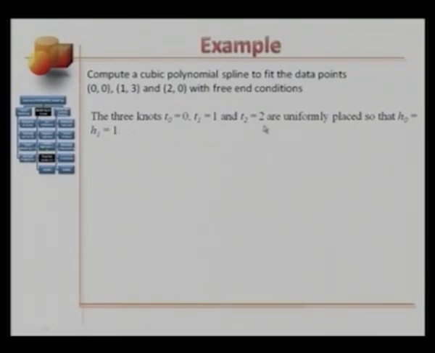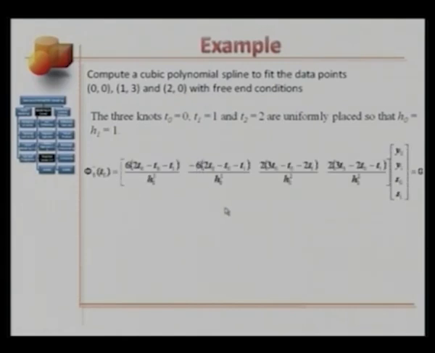We have uniform spans here. h0, which is t1 minus t0, is 1, and h1, which is t2 minus t1, is again 1. I would want you to remember the mathematics that we had gone through.